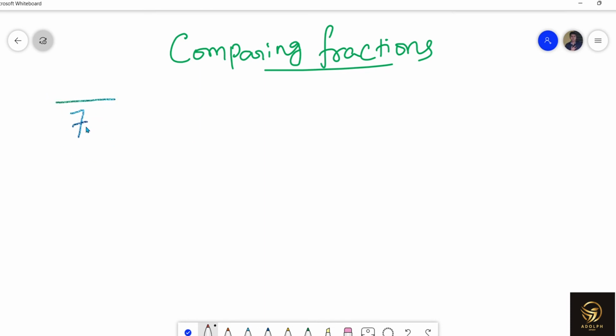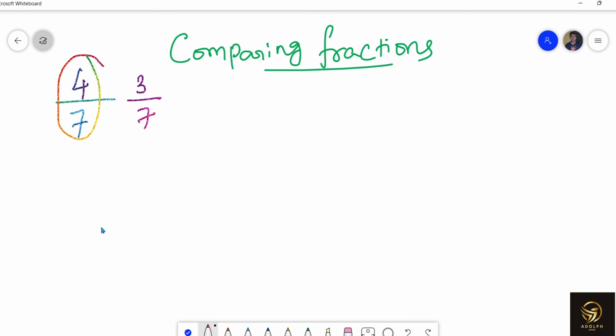If we have 7 parts in total, how many parts does the numerator take? So the numerator says how much we are going to compare. And if the two denominators are the same, we can compare easily. Here we have 4 parts and here we have 3 parts, so we can compare and say this is bigger.